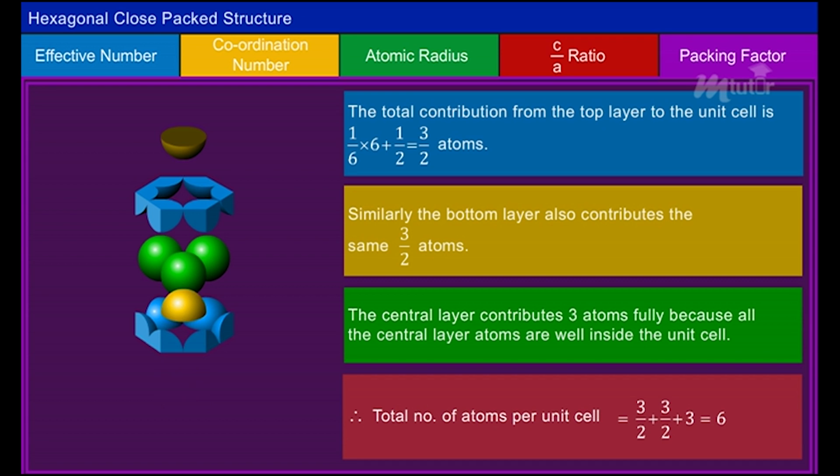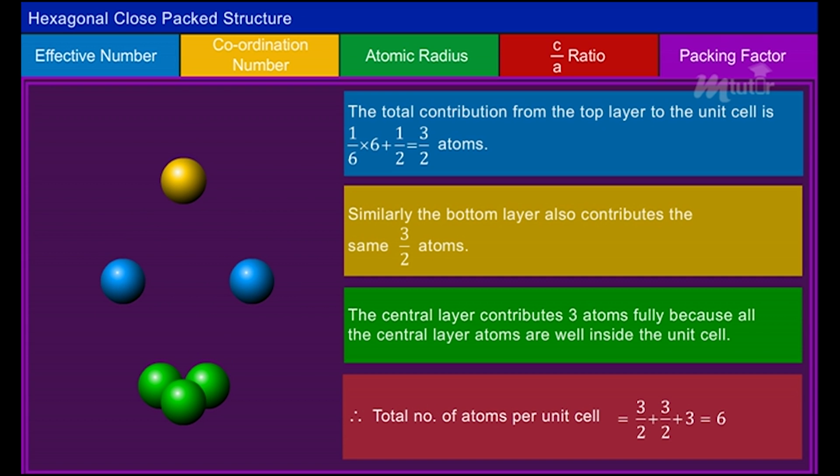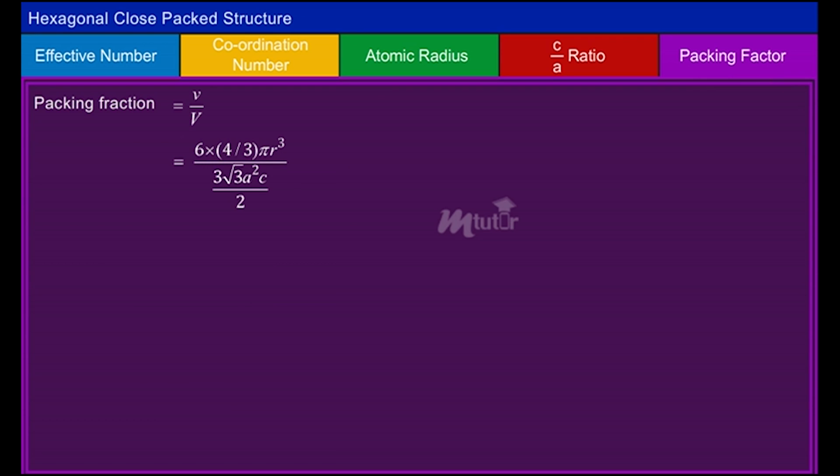Therefore, the total number of atoms per unit cell is equal to 6. Packing fraction is equal to v by V, which is equal to 6 into 4 by 3 into pi r cube, the whole divided by 3 root 3 into A square C, the whole divided by 2.